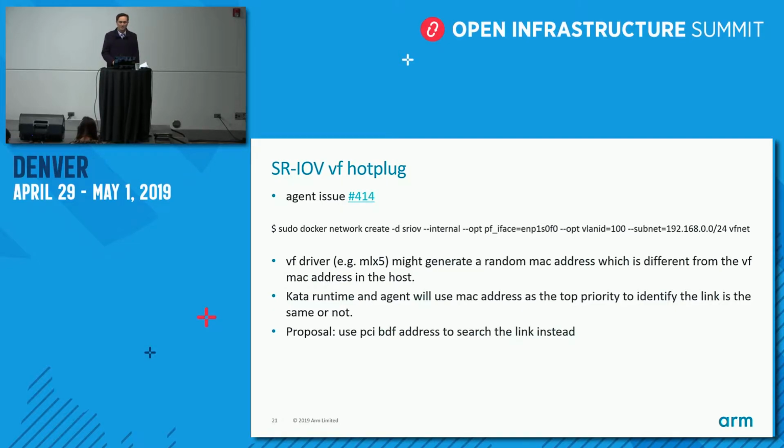So it fails here, because the Kata runtime and agent will use the MAC address as the top priority to identify whether the link is the same or not. Then the virtual function device cannot be passed through into the QEMU guest. Here is the proposal, which is still under development. That is, use the PCI BDF address to search the link instead, that is, not the MAC address.